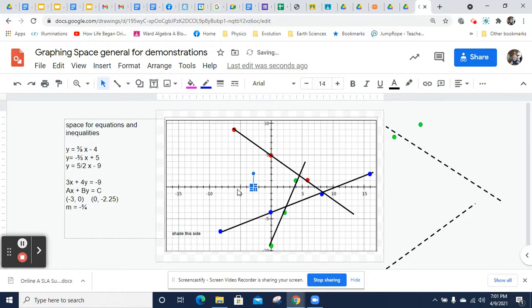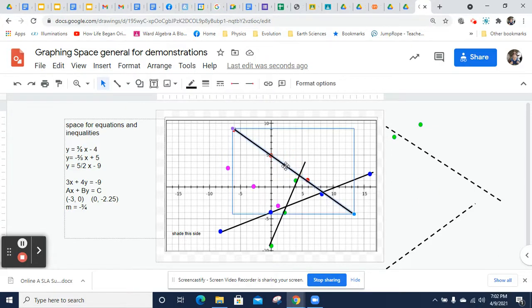I'm going to go down 3, because that's vertical change over horizontal change, and then over 4. I can put a point there. I can also, just for good measure, go up 3 and back 4. And now I've got a nice little row of points that I can grab.